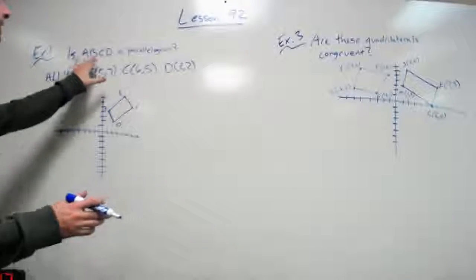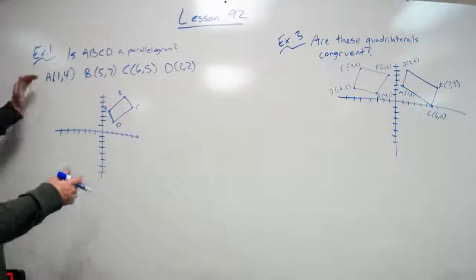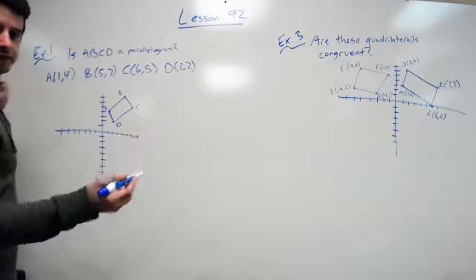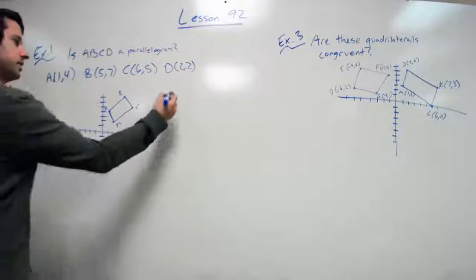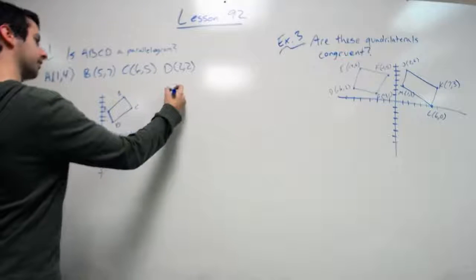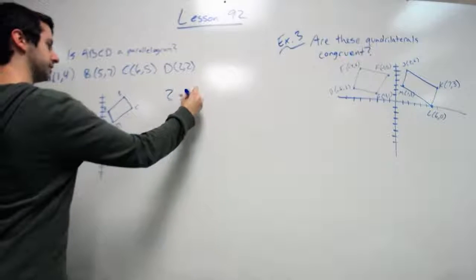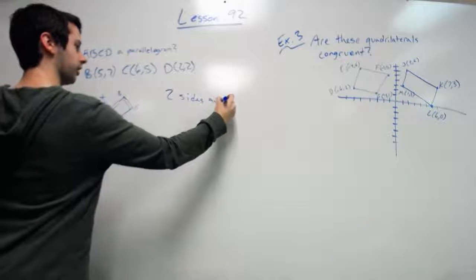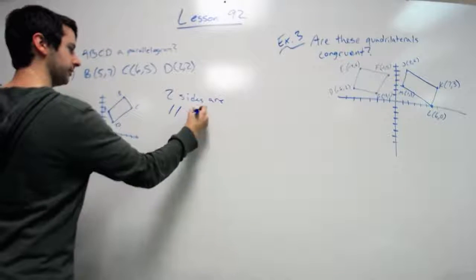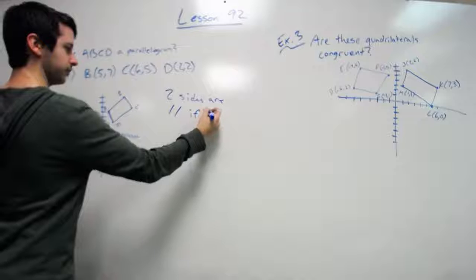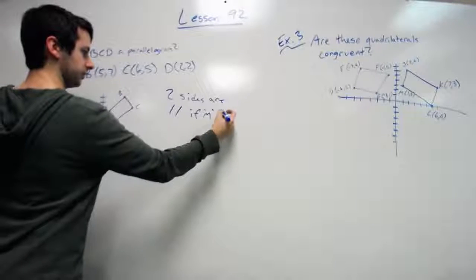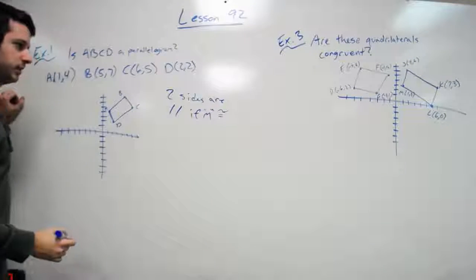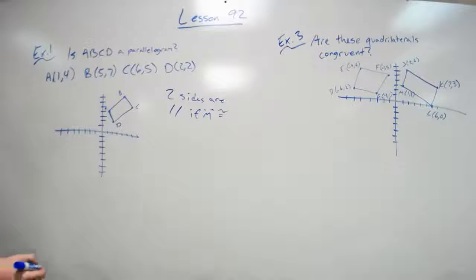Okay, anyways, is ABCD a parallelogram? It gives us all these coordinates. How do we prove if it's a parallelogram? Well, we know two sides are parallel if the slope is congruent. So we need to prove that opposite slopes are congruent.